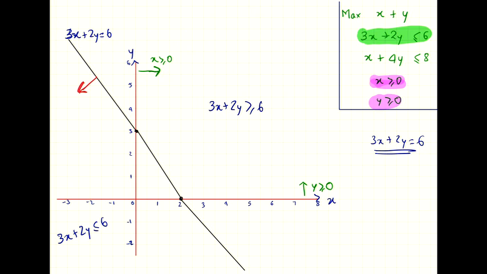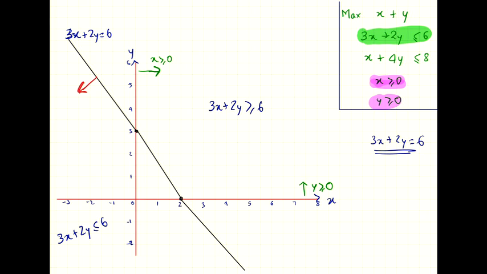More generally, if you're in 3 dimensions and you have a linear constraint on 3 variables, that gives you a plane. A constraint like x plus y plus z is less than 7 is saying that you should stay on one side of that plane. In higher dimensions, of course, I can't draw a picture, but the same constructs continue to hold.